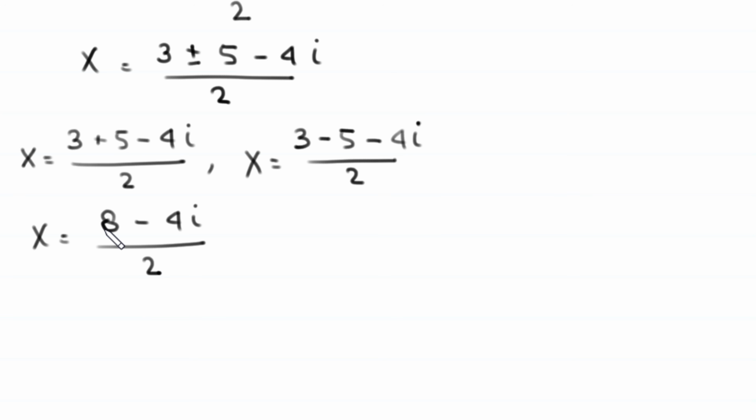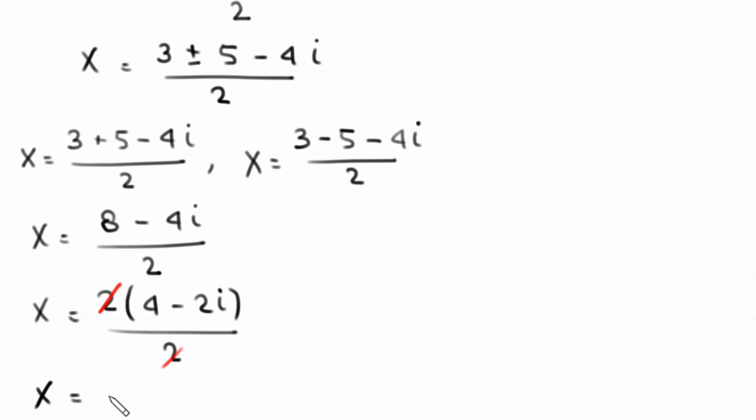Can factor out 2 from the numerator. x will be equal to 2 in bracket (4 minus 2i) divided by 2, and this 2 will be cancelled with this 2. We are left with x is equal to 4 minus 2i.